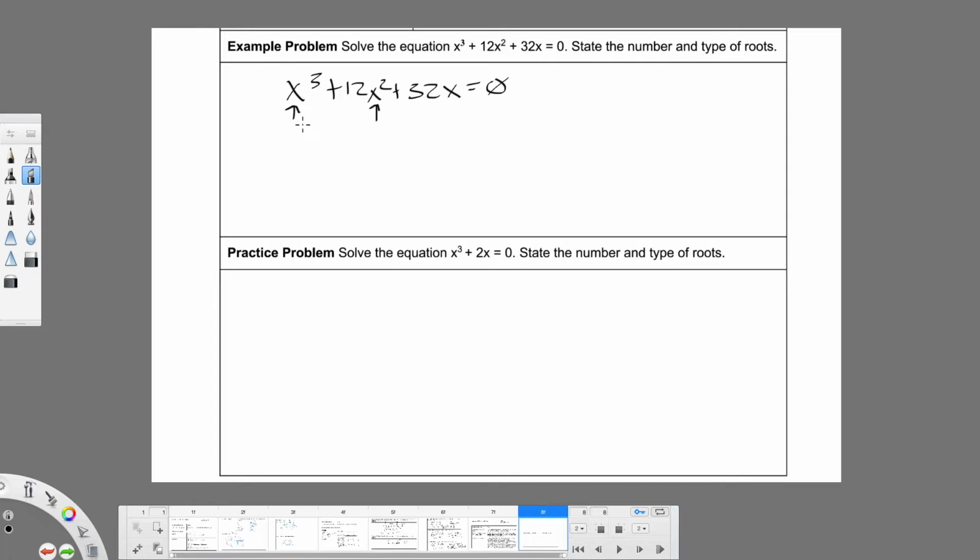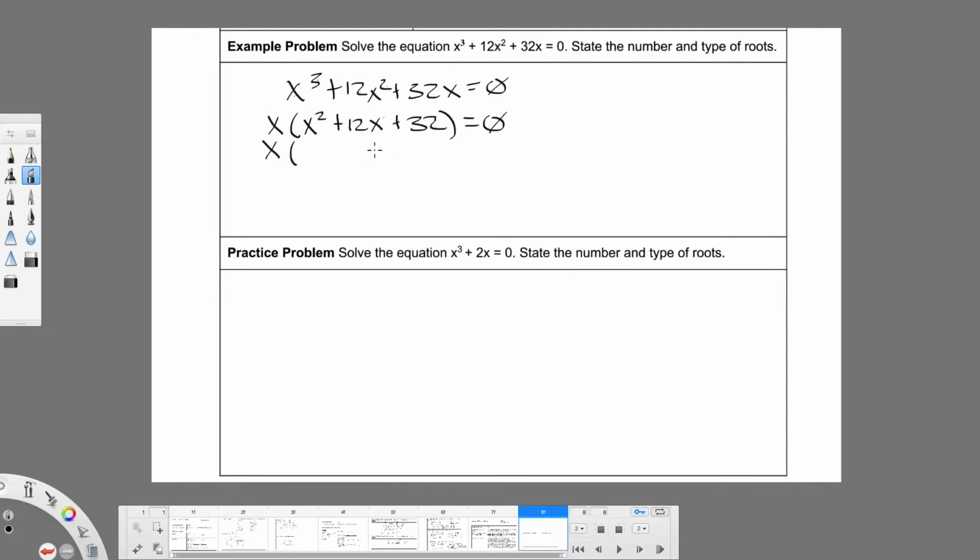So I can say x, and if I take 1x away, or I'm dividing it away, then I have x squared plus 12x plus 32. So they all just went down by 1. It went from 3 to 2, 2 to 1, and then this was 1, now there's 0 or none. So equals 0. So my first factor is actually x. Now I can factor this guy.